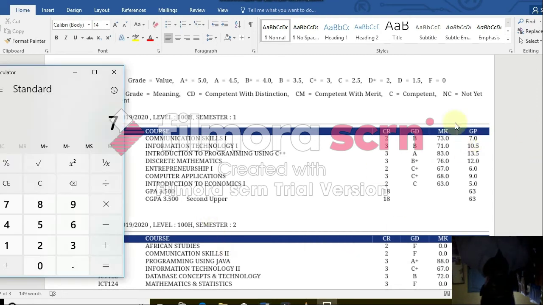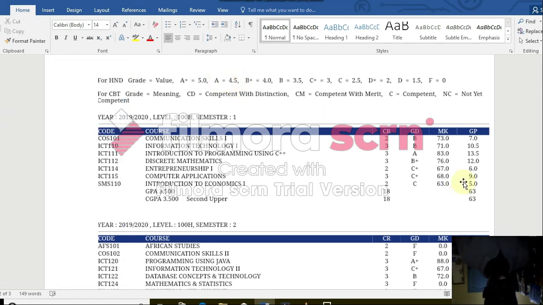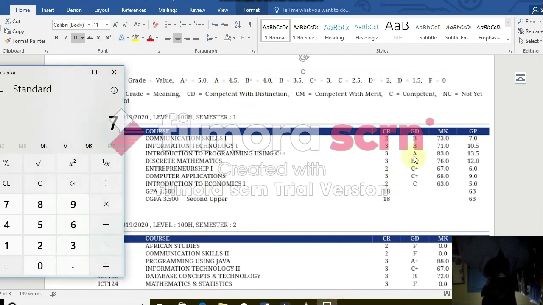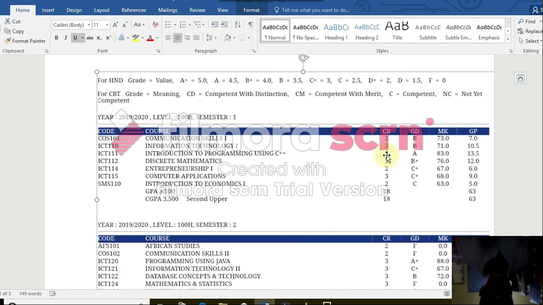Let us try the grade point for C++, which is A. For C++, the person had 83, which gives that person grade A. The value of grade A is 4.5, and the credit hours for C++ is 3.